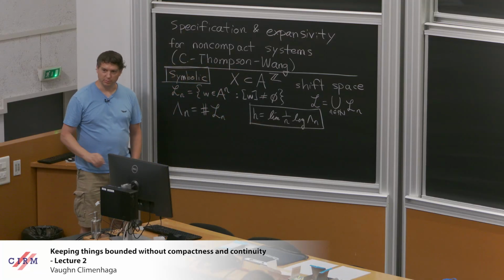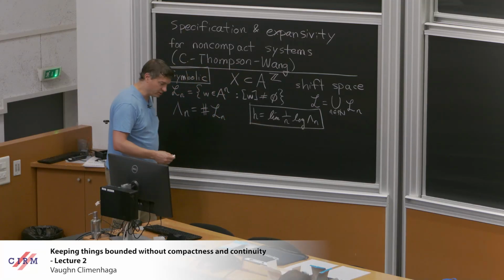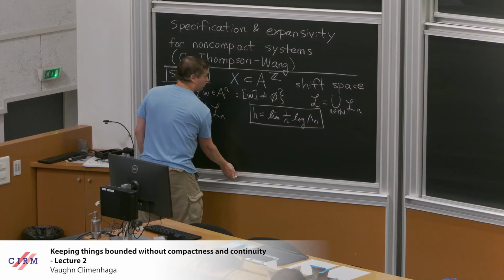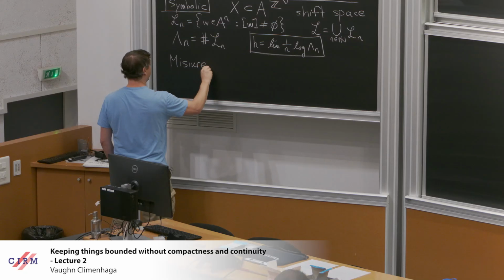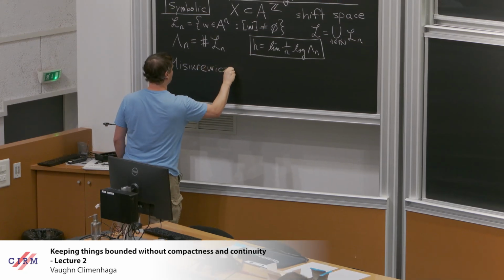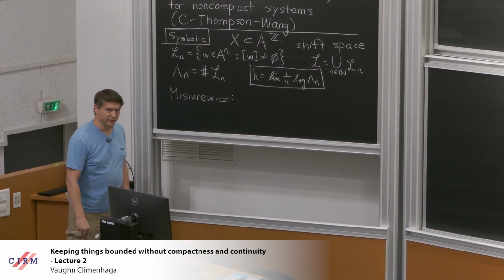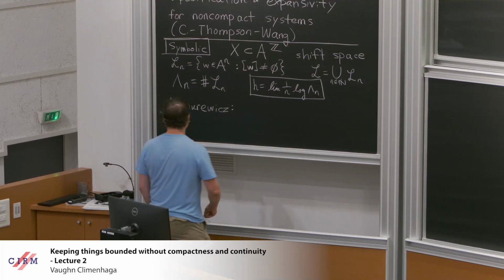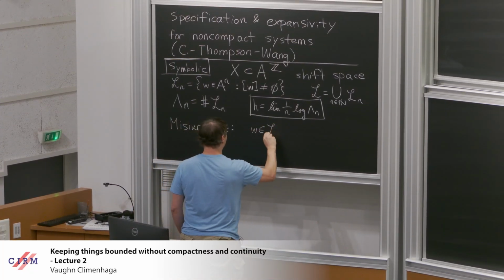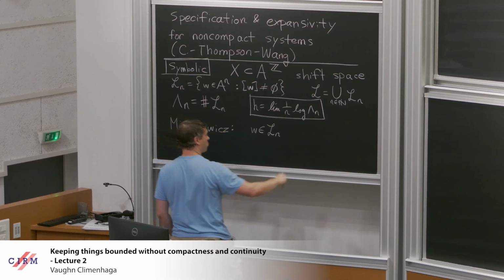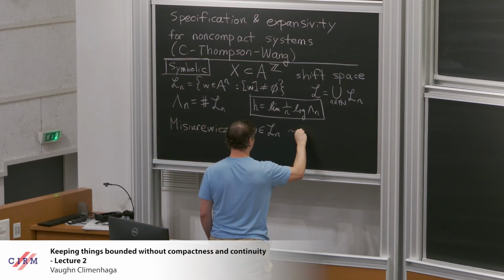This is all for a completely general shift space so far, and there is also a strategy for producing a measure of maximal entropy. And this approach goes back at least to Misiurewicz. And the idea is that in order to produce an MME, you can do the following. Given a word of length n, you have a measure.